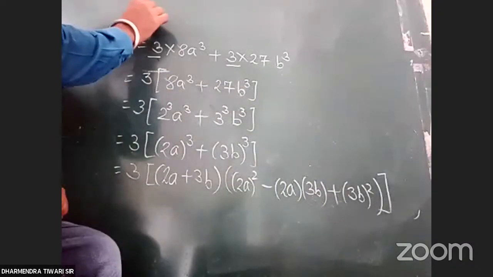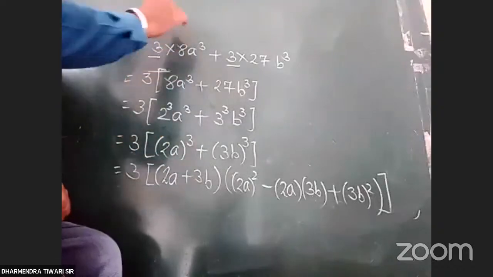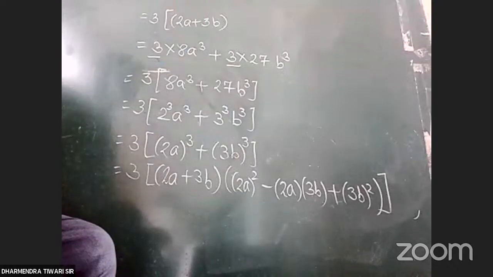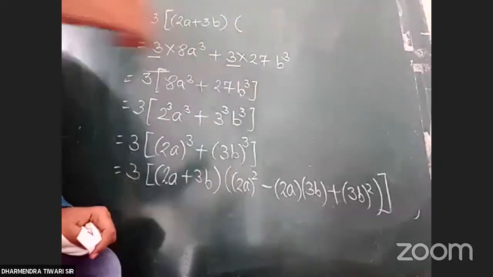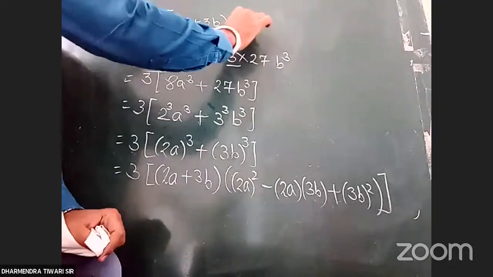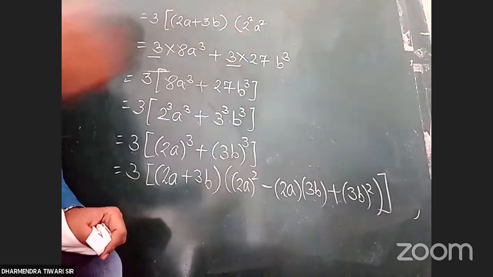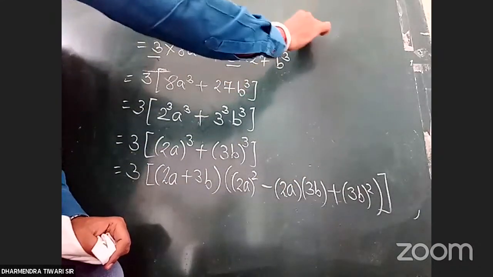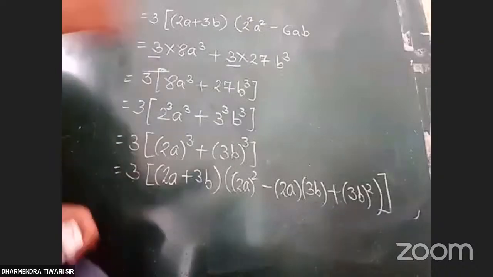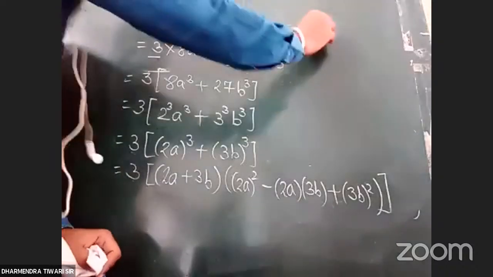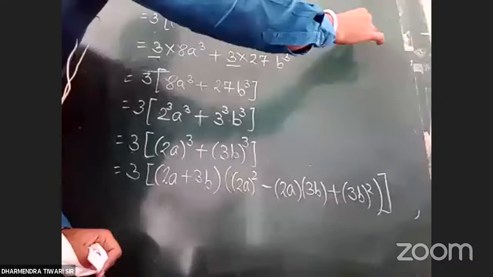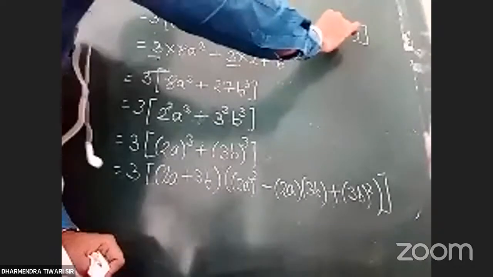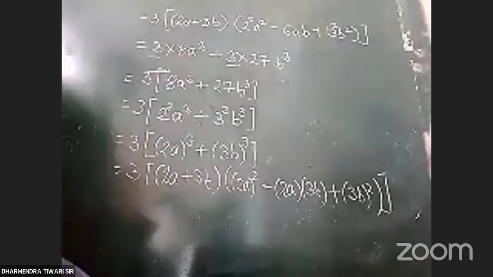So this is nothing but 3 times, in a bracket, 2a plus 3b as it is. Bracket 4a square, that is 2 square a square, minus 2 threes are 6ab, plus 9b square. And you can write 3 square as we have written here 2 square.